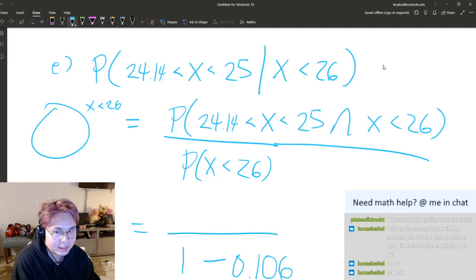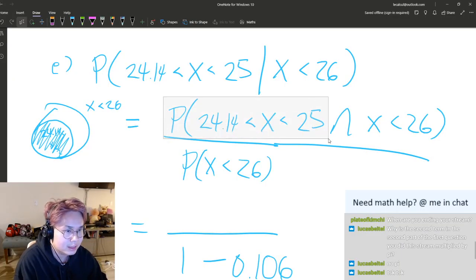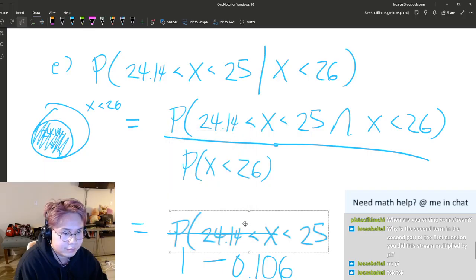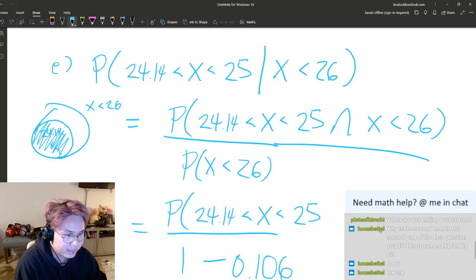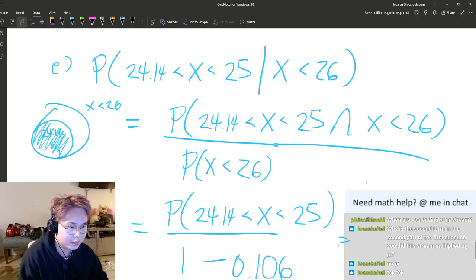But within this, these are the seashells that are in between this specific value. So their intersection is just the probability of being within these two values itself. And that we found out in part A. So we can just calculate this.